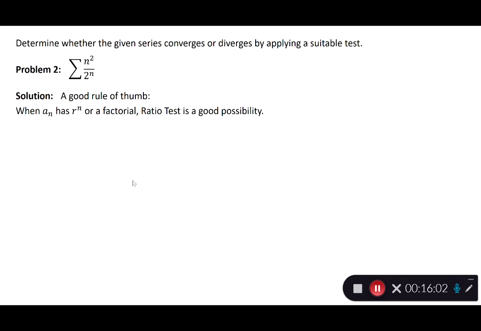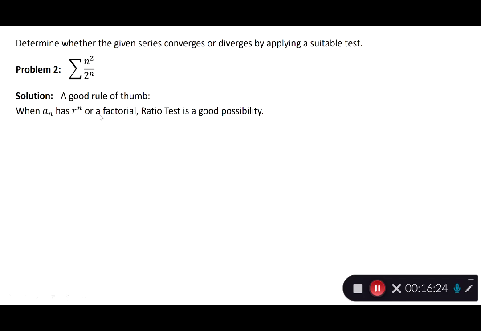Okay. So let's look at ratio test. Keep the handout next to you and look at what the ratio test says we need to do. The ratio test says everything hinges on limit of absolute value of a sub n plus 1 over a sub n, right?